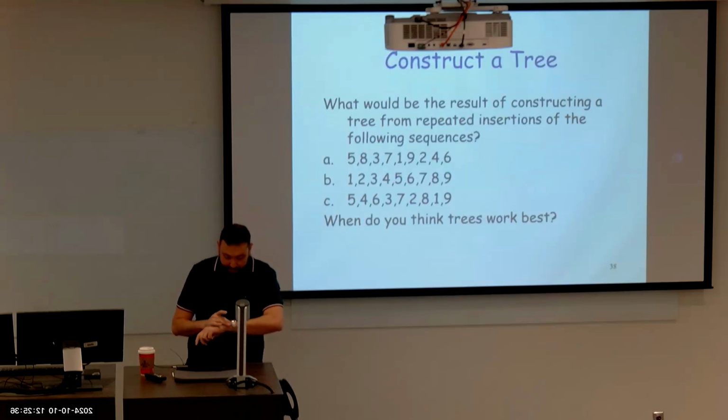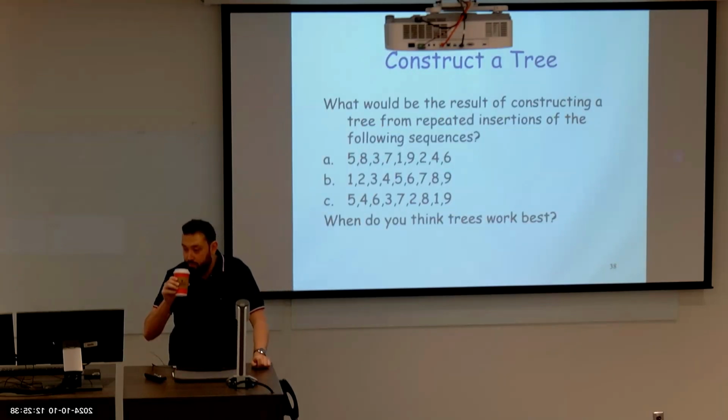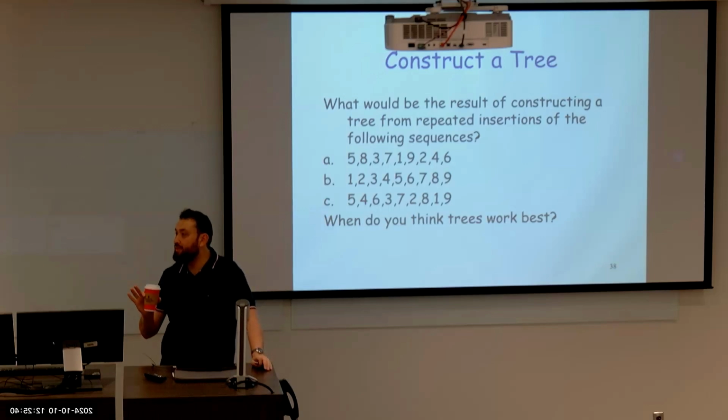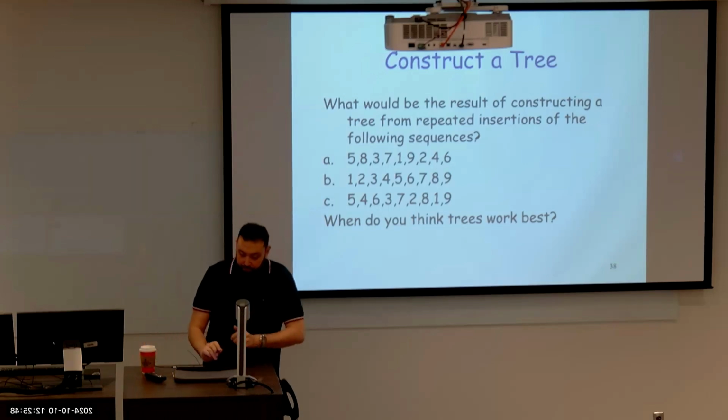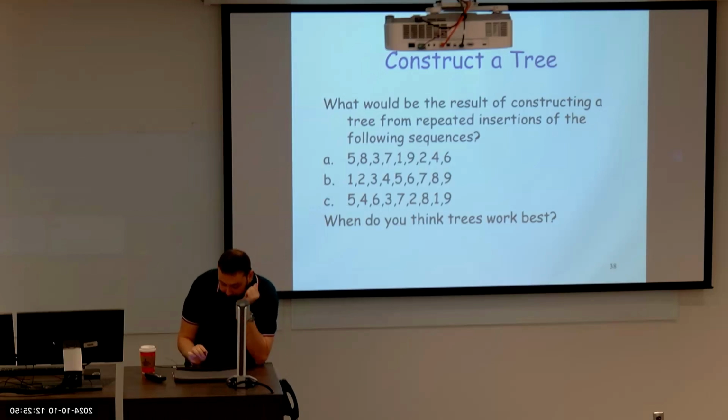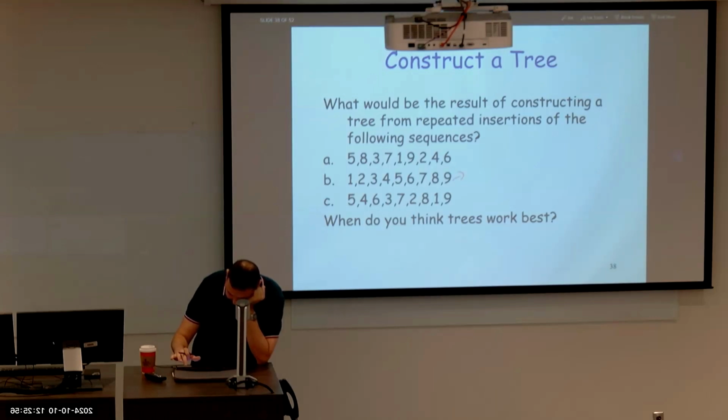Okay, now we're going to practice these together, because I'm sure many of you are still confused about the difference between a complete binary tree and a binary search tree. Let me take this example, guys, from 1 till 9. I'll do this example with you.